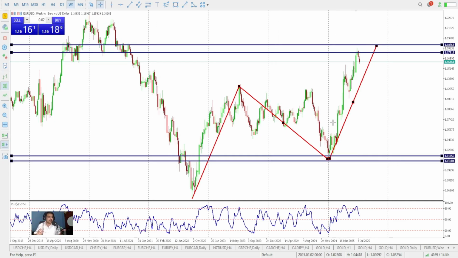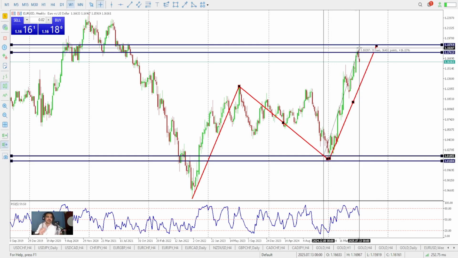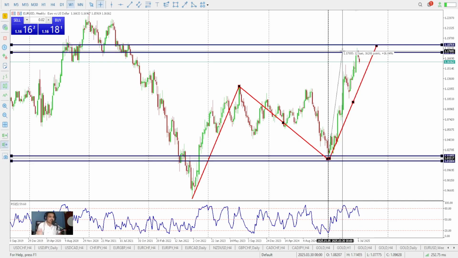Now obviously there is a very big question: will these bulls who entered this rally leave the market right here? Whatever they do, we have to find that on the lower time frames, where we can get a very clear clue about what is happening. Before going to the lower time frames, let me tell you that this market has now completed this bullish structure.